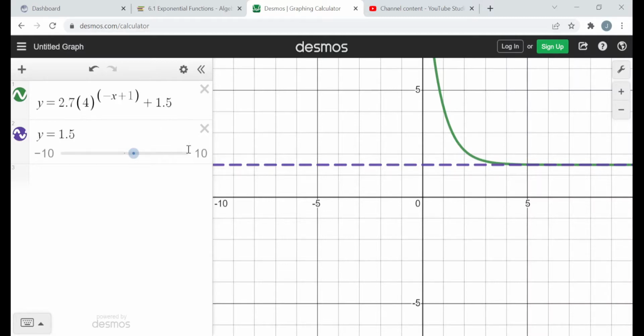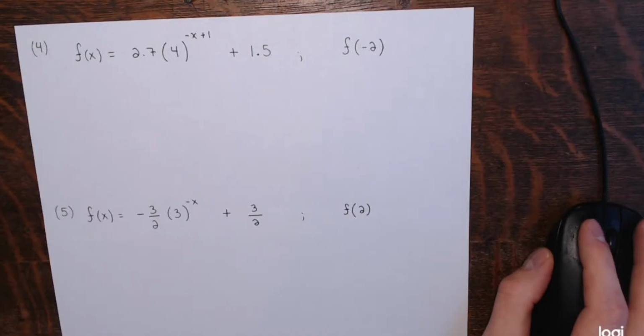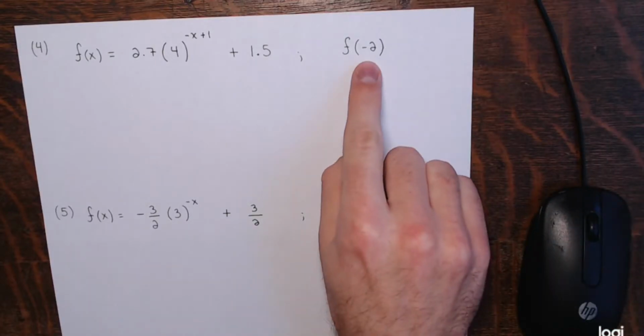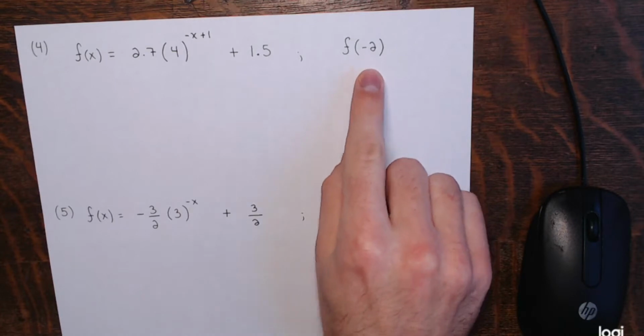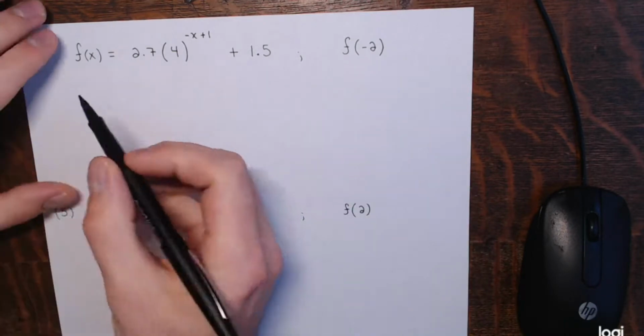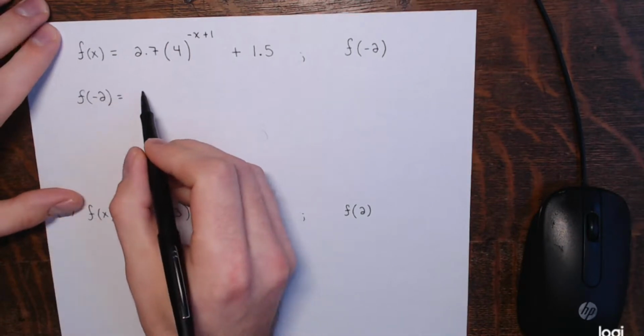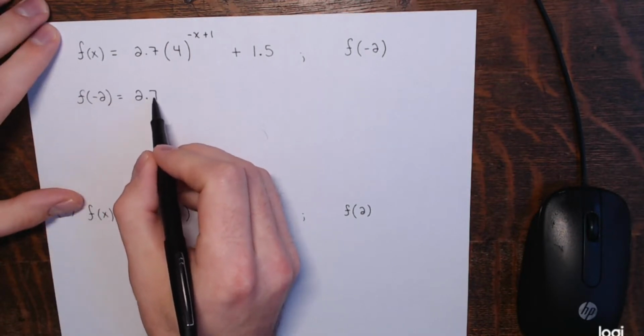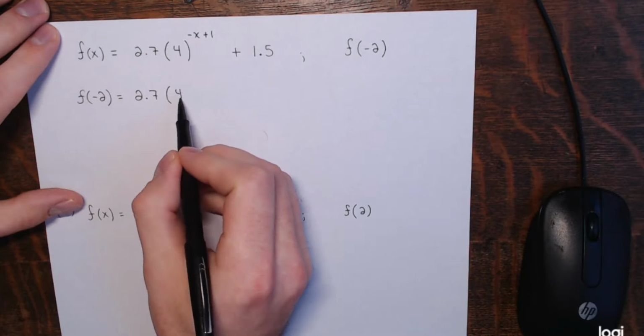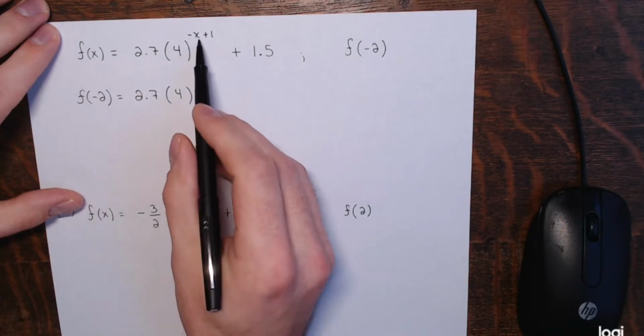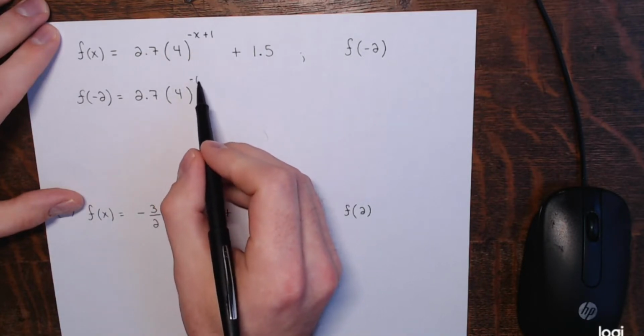All right, and then we're asked to plug in -2 to this function. So I'll do that. What's f of -2? Well, this would be 2.7 times 4 to the third power, because it would be the opposite of -2 and then plus 1.